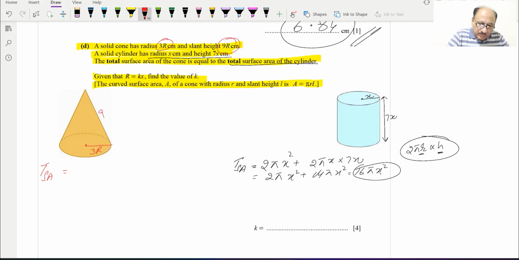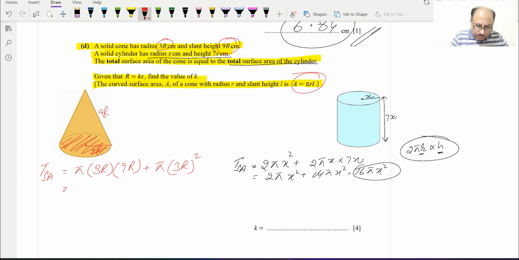So we use pi r l: pi into 3r into 9r, which is 27 pi r square, plus the base area, which is pi r square: pi into 3r whole square, which is 9 pi r square.